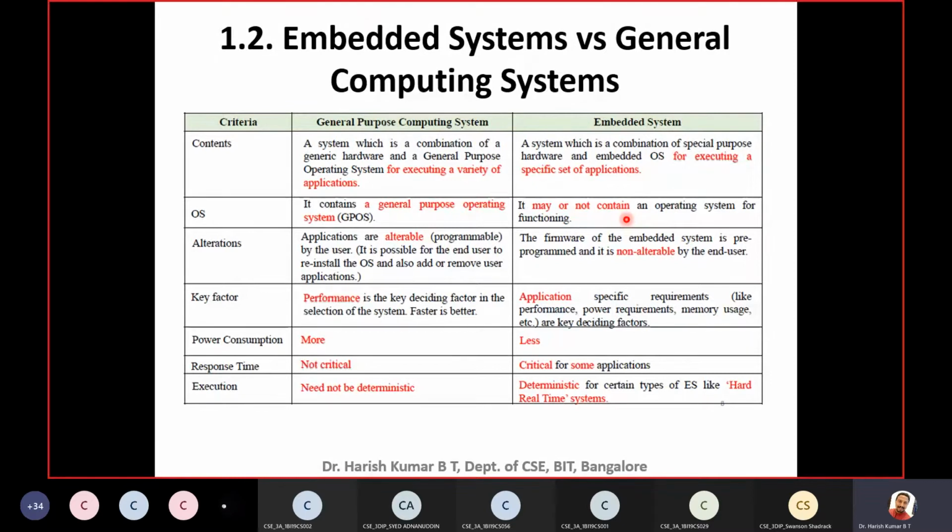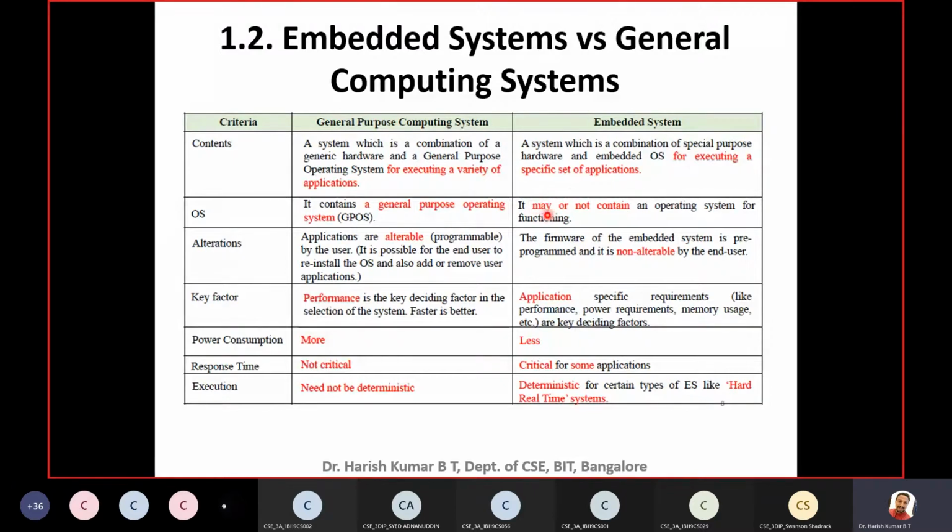If the function of an embedded system is very specific and very simple, then it need not contain an operating system. Only the bootloader code and the firmware present inside the ROM is sufficient.